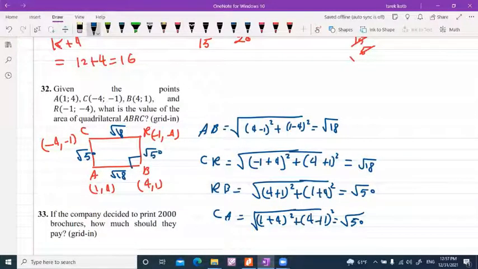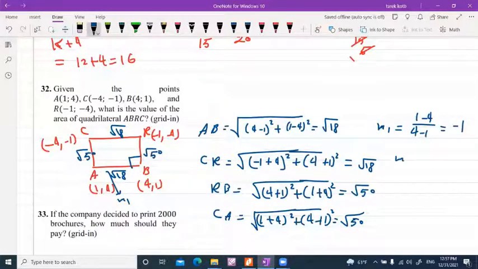So you have to get the slope here and the slope here. M1, which is the slope of this line, equals 1 minus 4 over 4 minus 1, which gives me negative 1. M2, which is the slope of this line, equals 1 plus 4 over 4 plus 1, which equals 1.